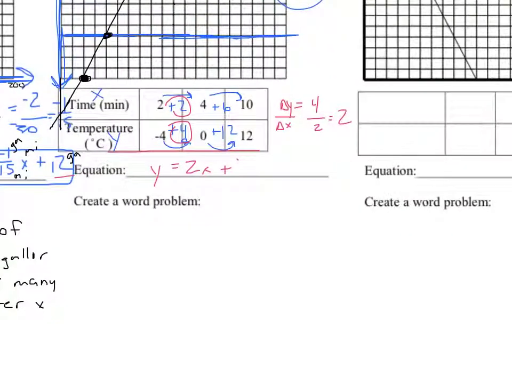So we'll come down here in our space to create the word problem. Y equals 2x plus b. I'm going to go ahead and plug in the last point because it's all positive numbers. So my y there was 12. 2 times 10 plus b. What do we know about b, though?